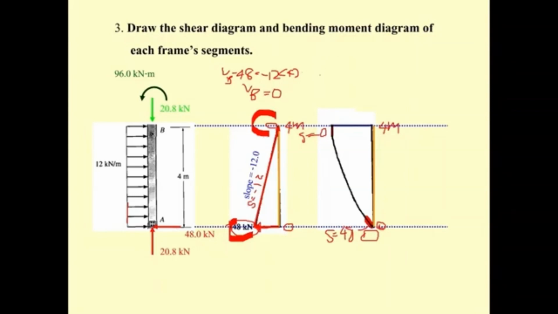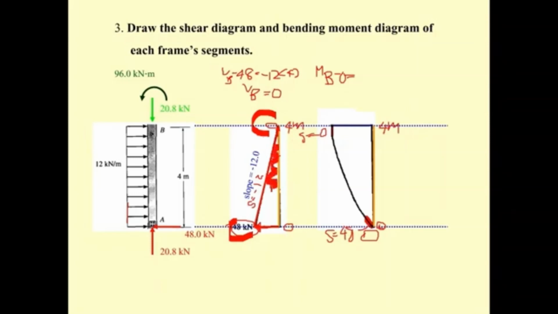But if you don't believe it, we can do it: M sub B minus the moment here of 0 is going to be equal to the area of this.